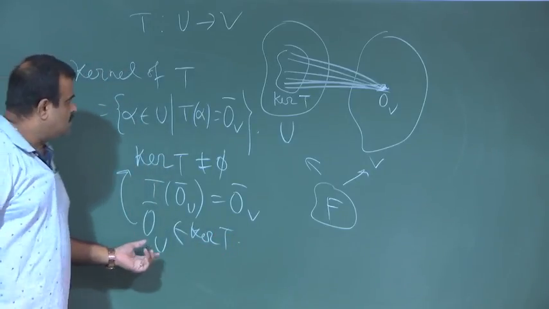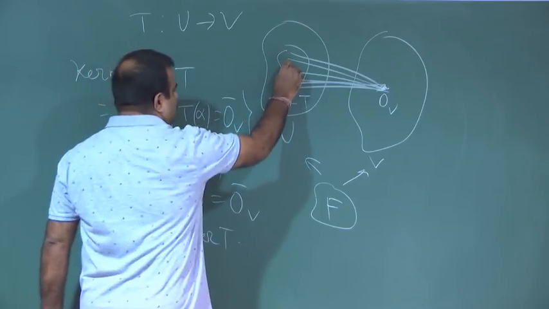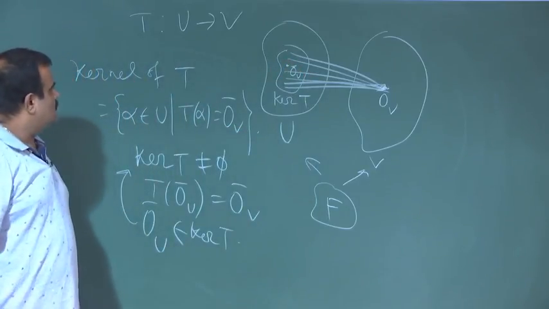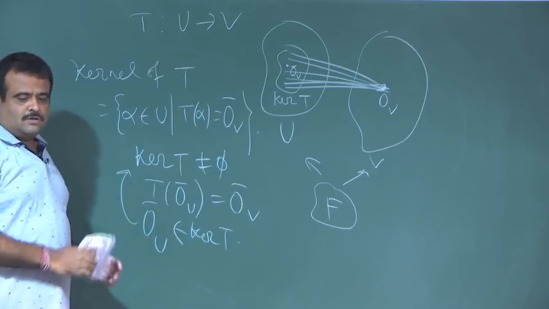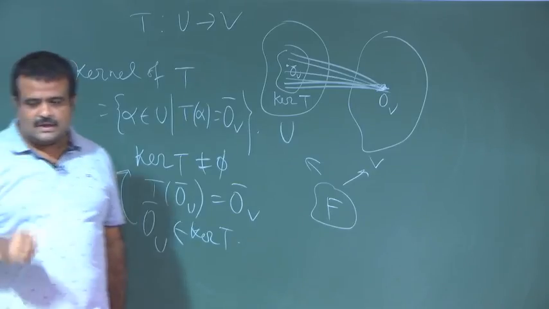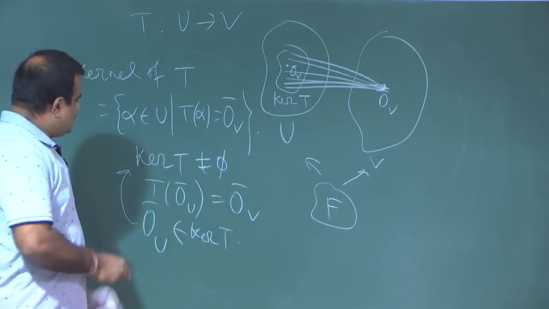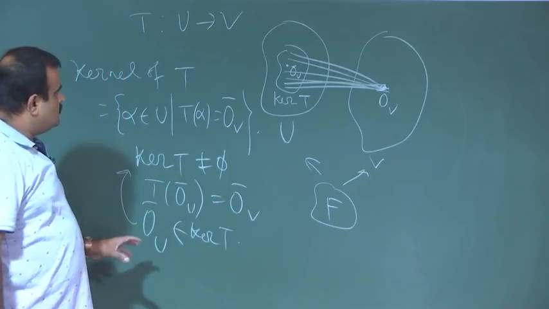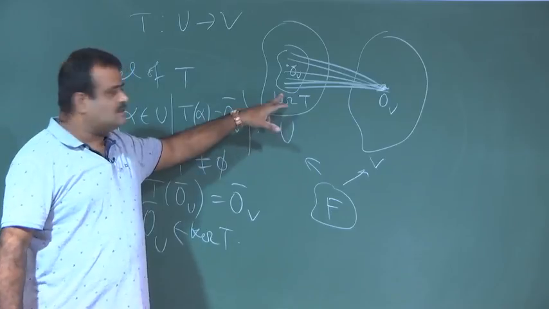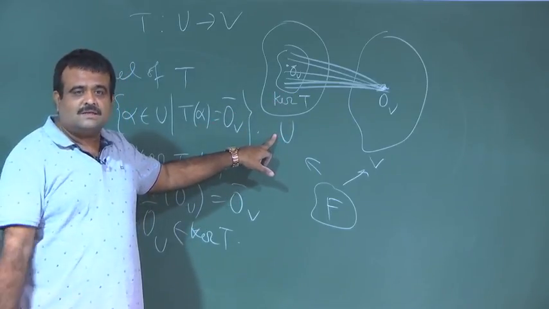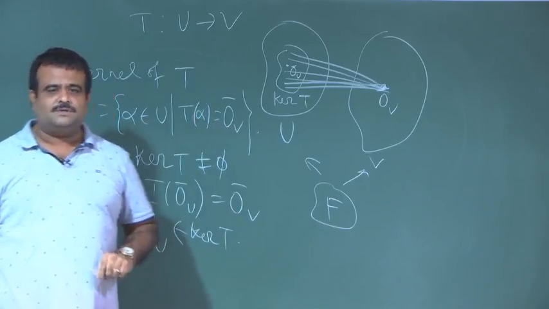So, at least the 0 vector of U is a member of it. Okay. Now, we will see some properties of this kernel. First of all, the kernel is a subset of U.